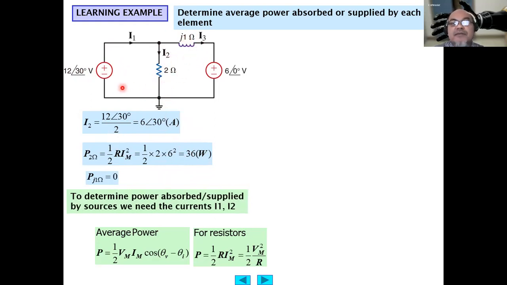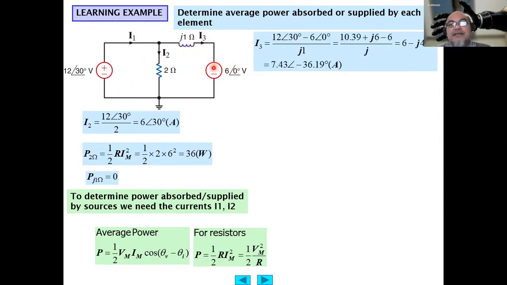Now we need to determine the power absorbed or supplied by each of the two voltage sources. In order to do that calculation, we need the values of current I1, I2 as well as current I3. So the current I3 here equals, using Ohm's law, the voltage difference across this inductor, which equals this node voltage minus this node voltage.